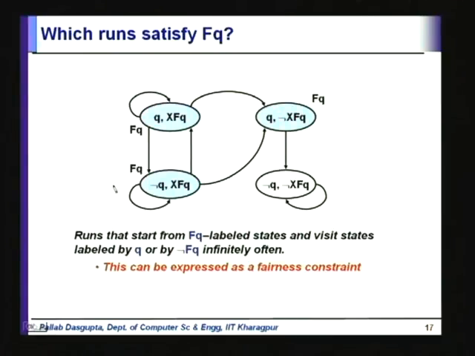Which runs satisfy FQ? Runs that start from FQ-level states and visit states labeled by Q or by not of FQ infinitely often. Those are the runs which satisfy this.